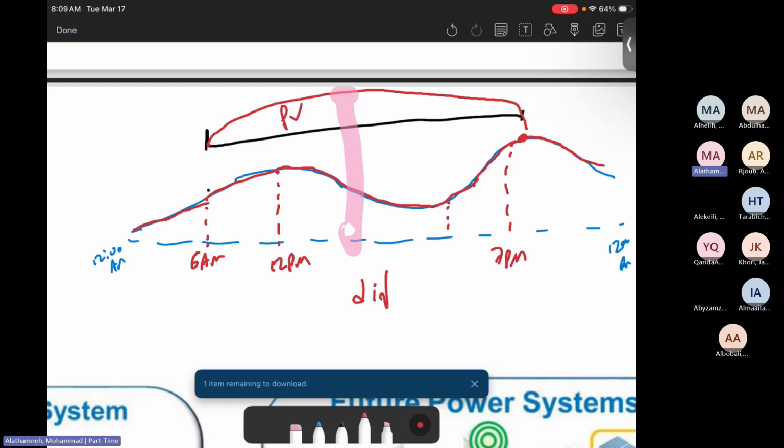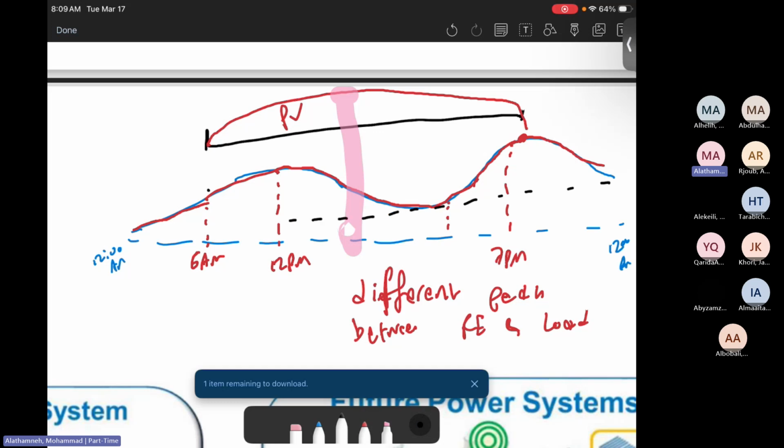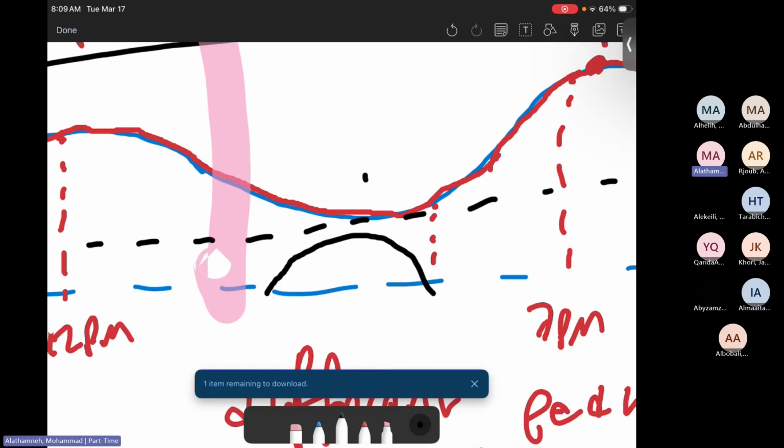There is a different peak between renewable energy and load. That impacts a lot. So look at the minimum load here. If the photovoltaics can cover it, the remaining power will be supplied by fossil fuel or thermal stations.